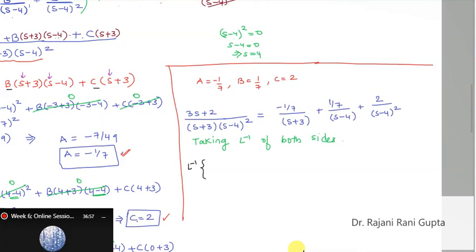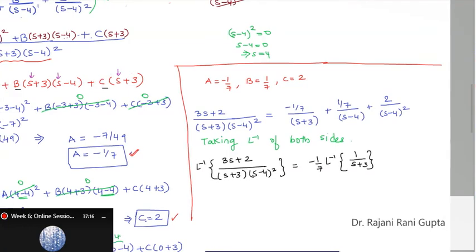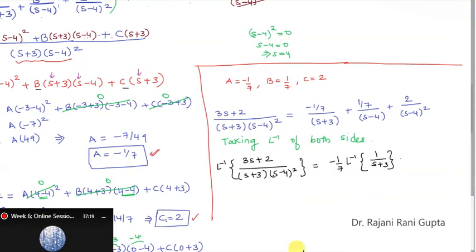Laplace inverse of (3s plus 2) over (s plus 3)(s minus 4) power 2 is equal to minus 1 over 7, which is a constant, we can take it outside, times Laplace inverse of 1 over s plus 3, plus, again 1 over 7 is a constant, take it outside, Laplace inverse of 1 over s minus 4, and plus 2 times Laplace inverse of 1 over (s minus 4) power 2.